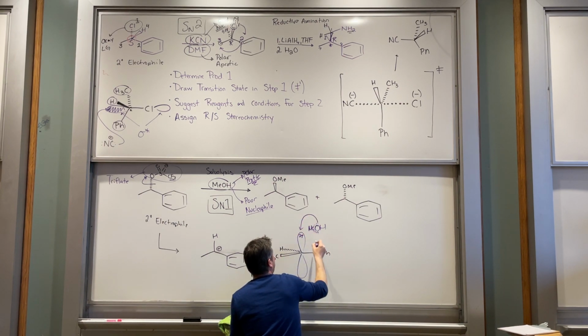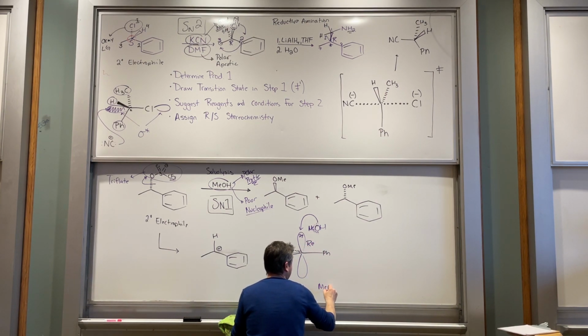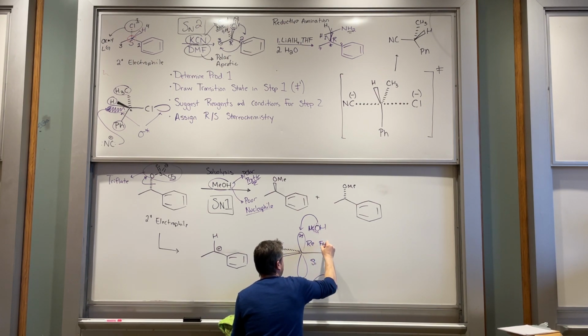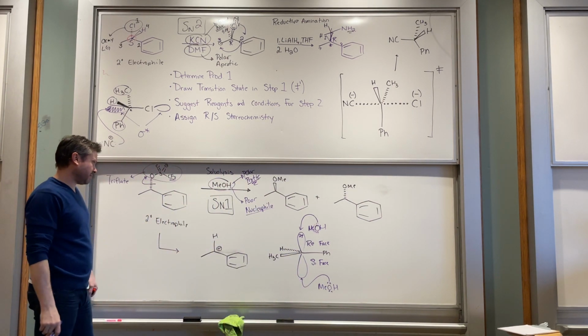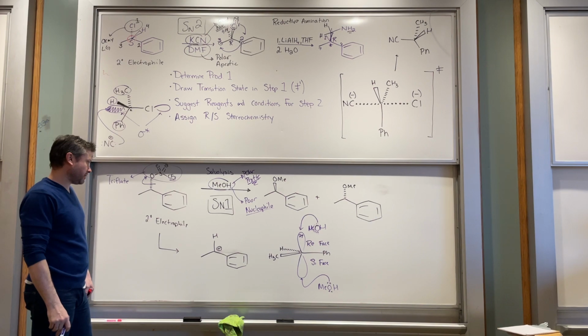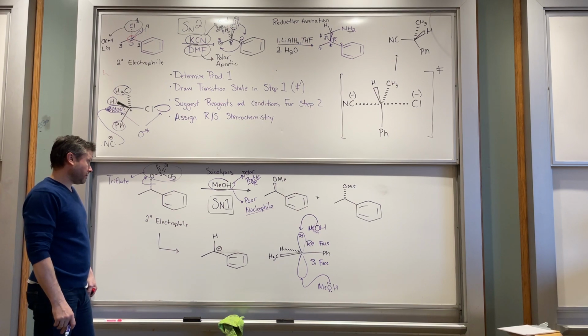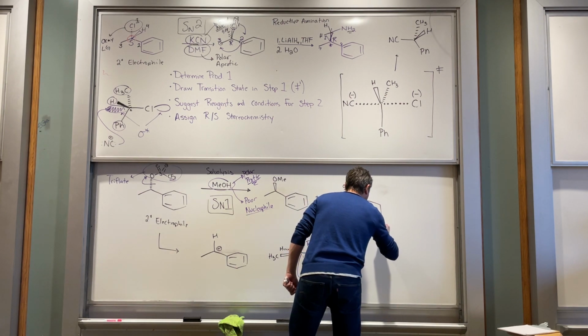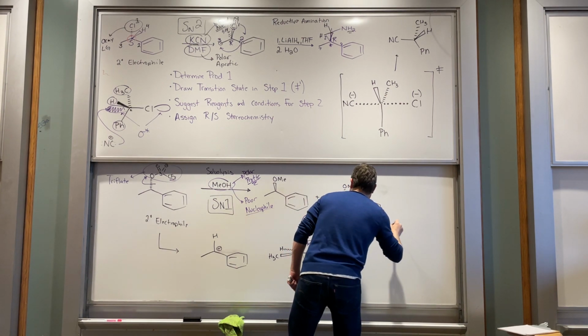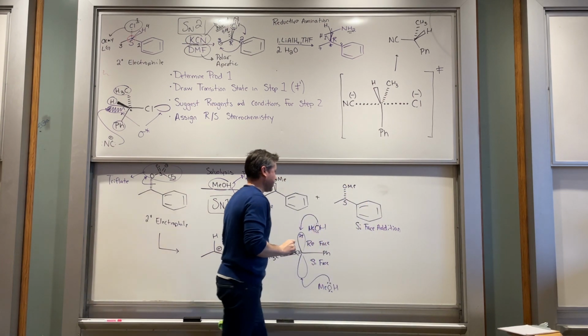it can either add from the top face, which is the re face, or it can add from the bottom face, which is the si face. Addition to the si face is going to lead to the S stereocenter.